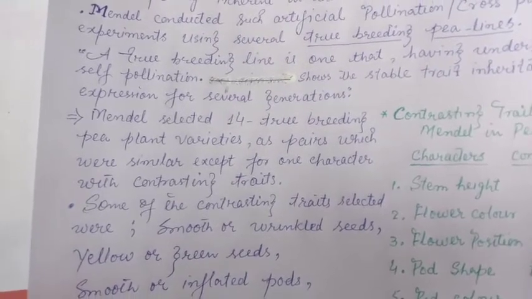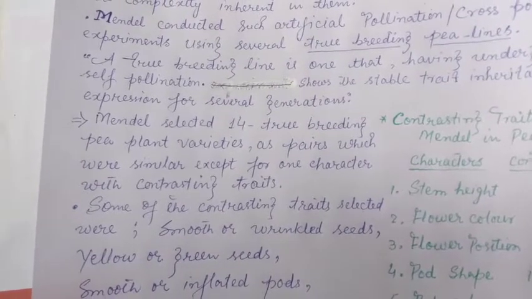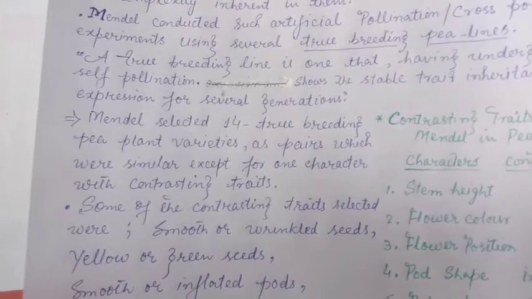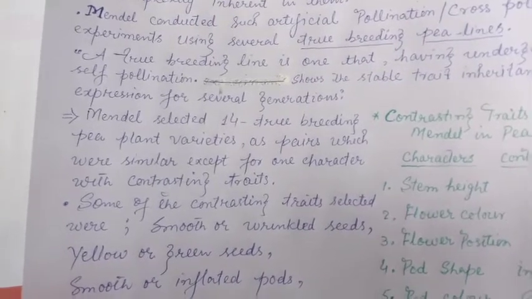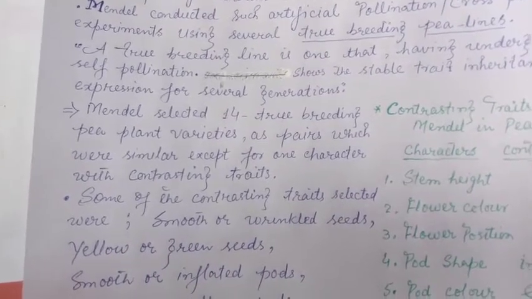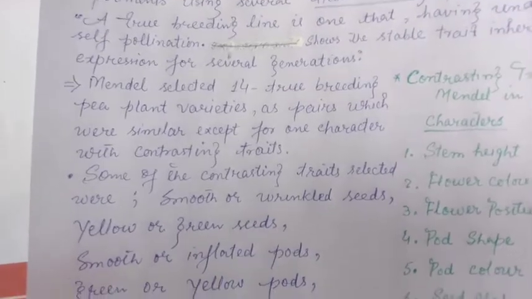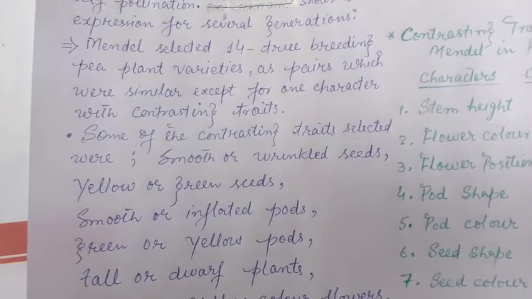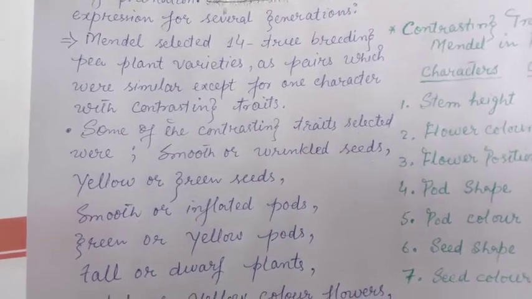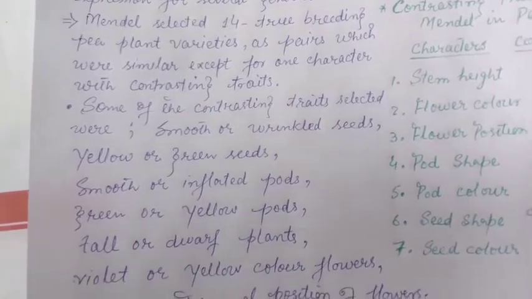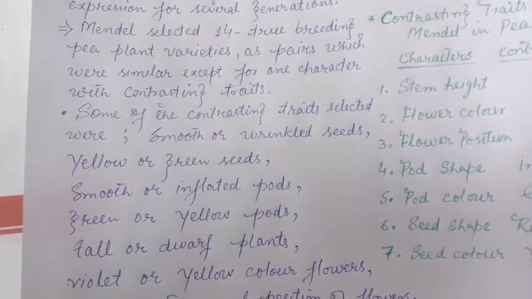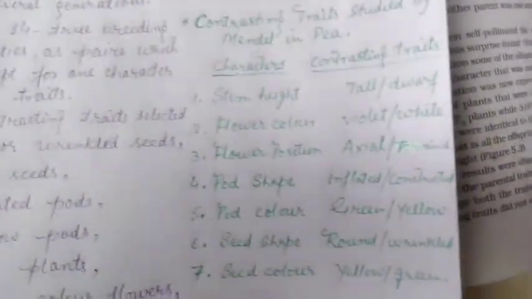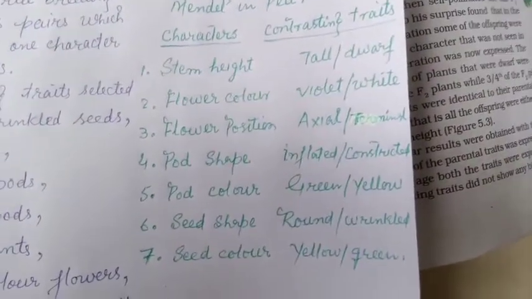That was his study's purpose, to study the contrasting traits. Some of the contrasting traits selected were smooth or wrinkled seeds, yellow or green seeds, smooth or inflated pods, green or yellow pods, tall or dwarf plants, violet or white flowers, which are listed here in your notes.